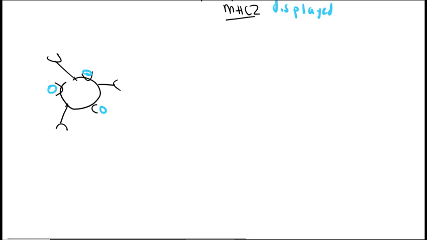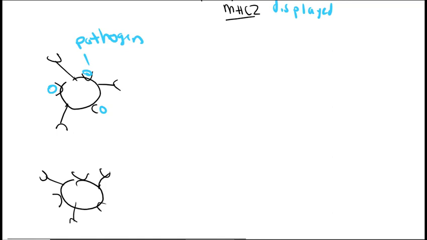So we'll pretend these are fragments of a pathogen. And then let's pretend this second B cell, this other one that's been floating around, and here's its MHC2, is displaying something harmless, not a pathogen, a harmless antigen.